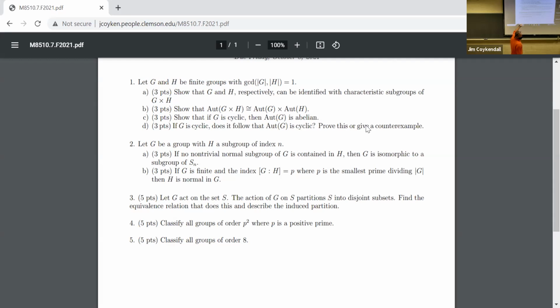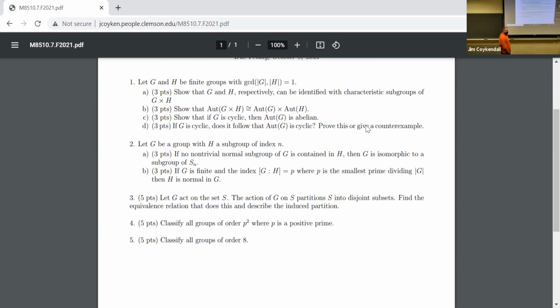So this should follow from some of the stuff that we did last time. If you've got a subgroup of index n, and you've got no non-trivial normal subgroup of G contained in H, well, of course, you always have the identity contained in H, but nothing non-trivial is in there. So G is isomorphic to a subgroup of Sn.